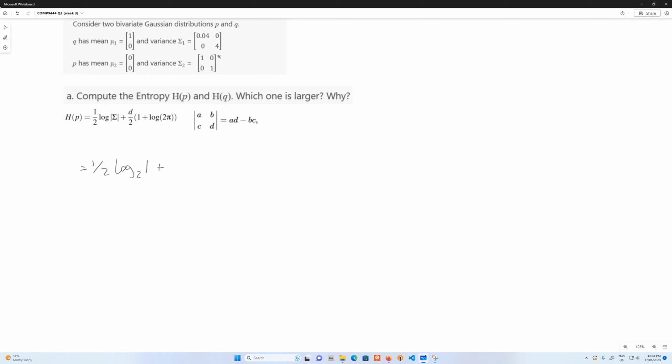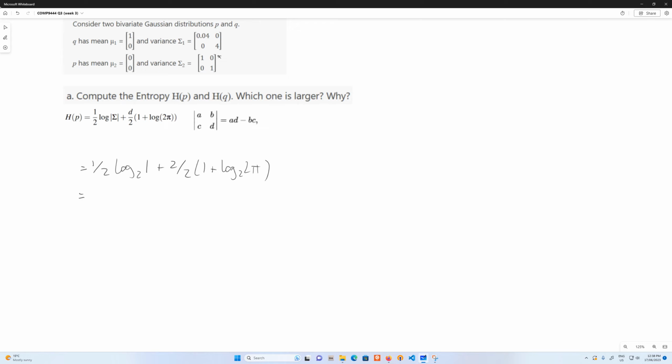Now we need to add D divided by 2. D stands for the dimension of our distributions, so D in this situation is 2. This will be 2 divided by 2. And then we have that final log term there, so let's put log 2 pi.